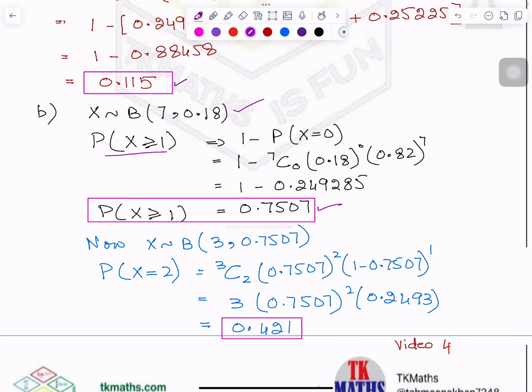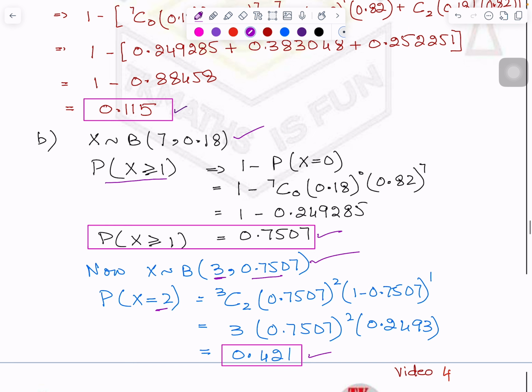And that's why now your distribution will change. Because out of 3 days, 2 days, this was the what? Probability, right? So now you will calculate the probability for that, and here you will get your answer. So I hope those who have done it correctly or those who have made mistake can make a correction here.